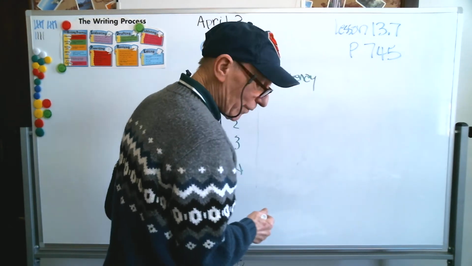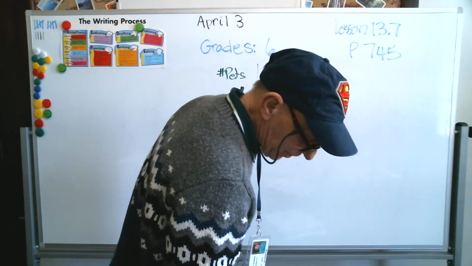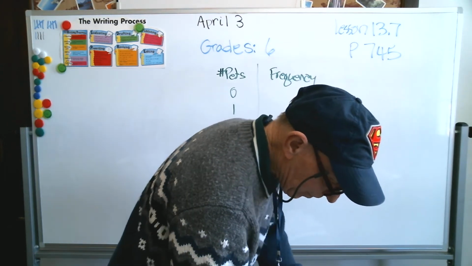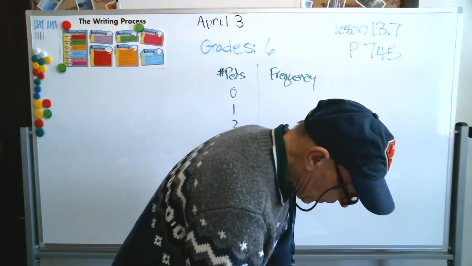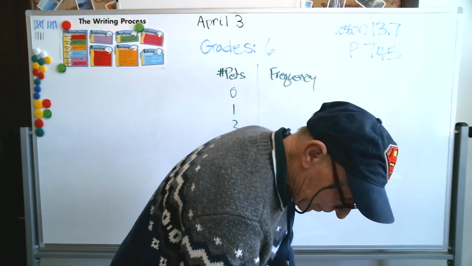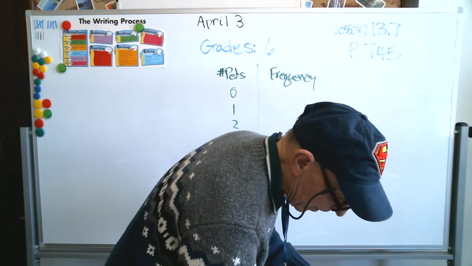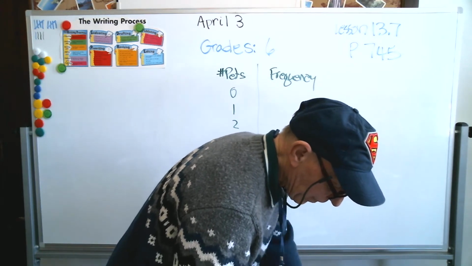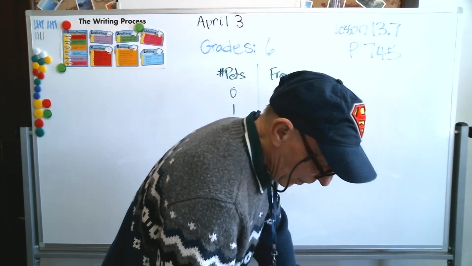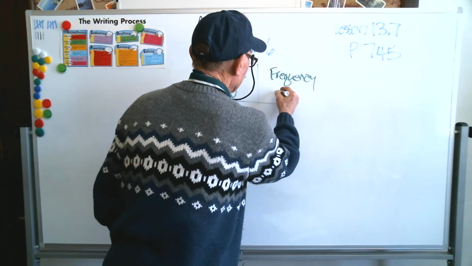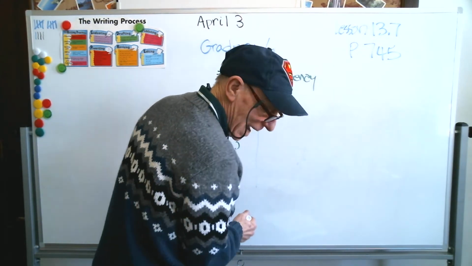And then on the frequency, where did I get the data from? I'll be darned. Well, let's just say that for 0, I'm using hash marks.